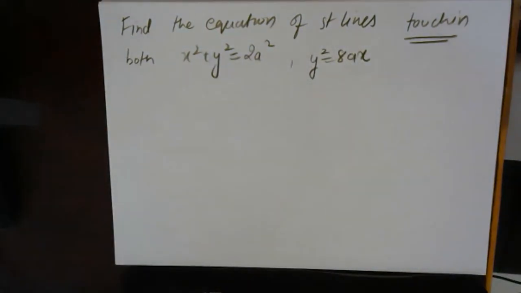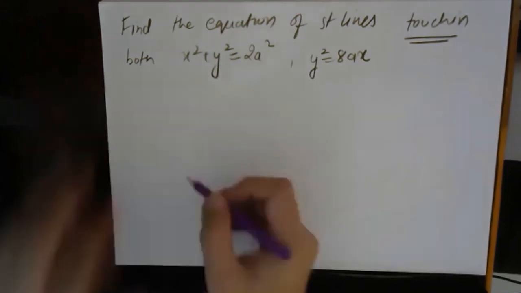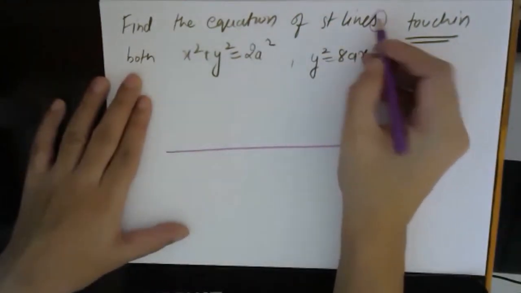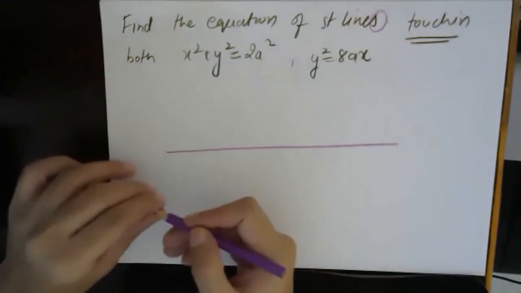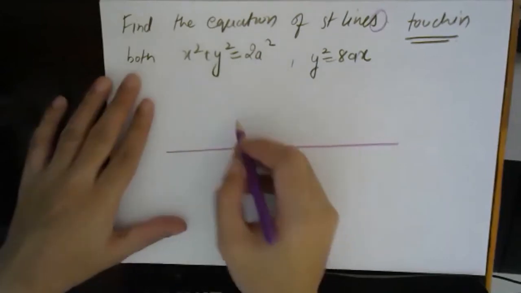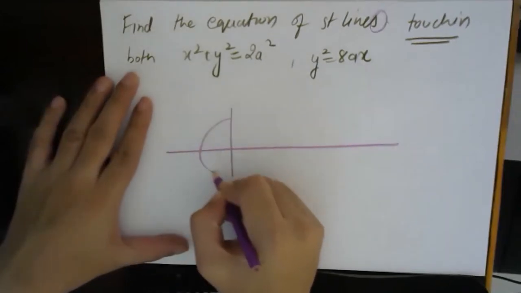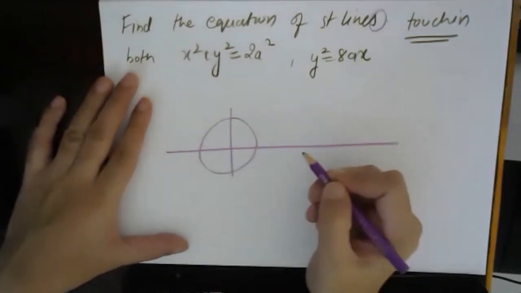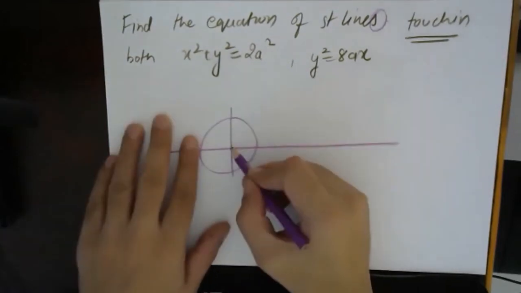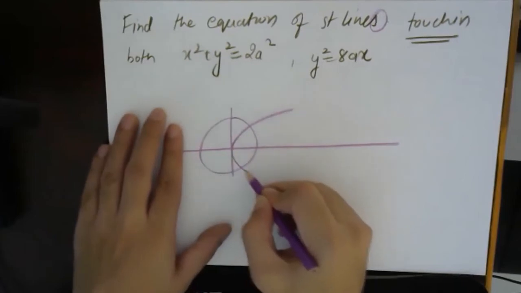So basically, if I draw the figure, why are they saying lines? Because if I draw the figure, this is a circle centered at origin, and this is a parabola whose vertex is origin.